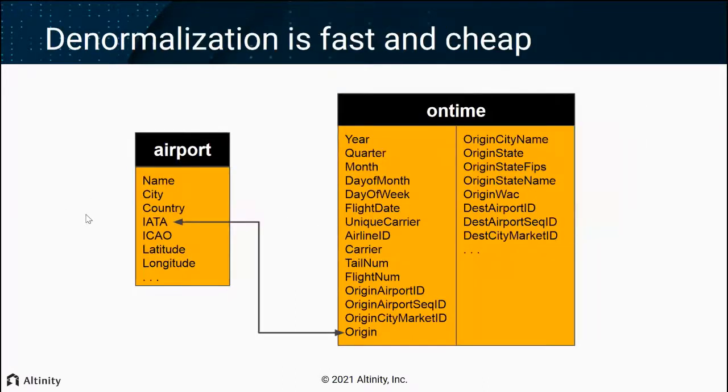Instead, what we tend to do is denormalize data so that we end up with a very large fact table. And then there may be occasional things that we need to refer to. We'll put them in separate tables, but there's no notion of a foreign key, where we enforce consistency between the airport table and the on-time table. That's just not how we work.